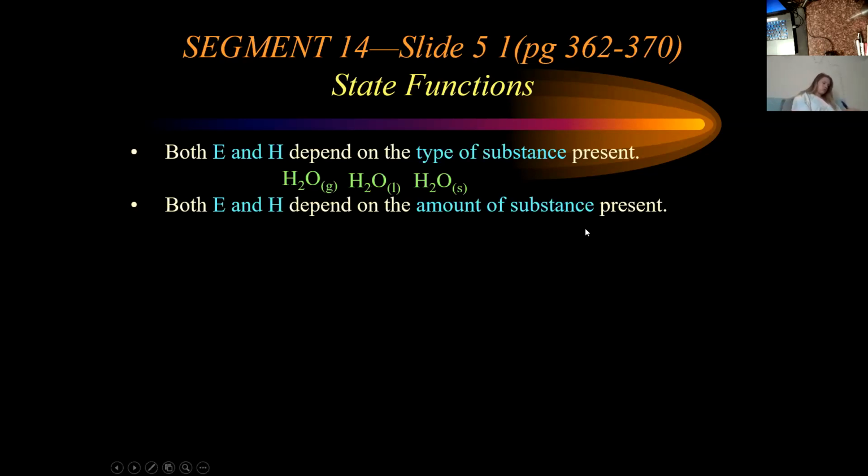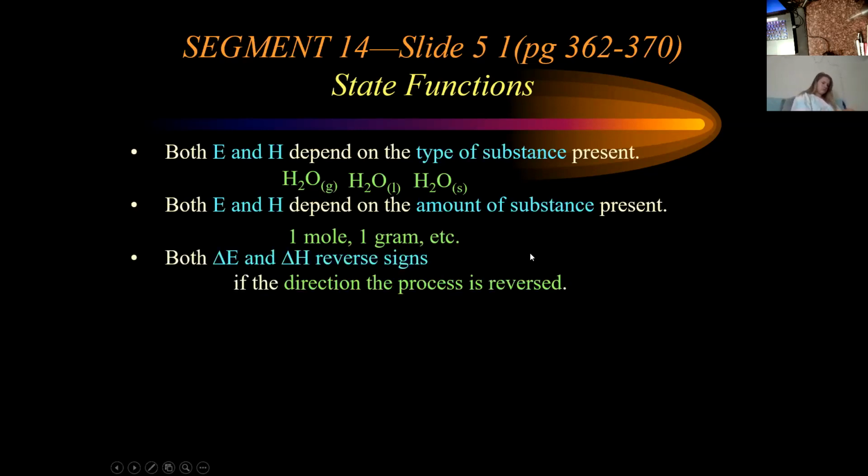They depend on the amount of substance. And what do we call that? Those are extensive. It's an extensive variable. If you got a mole or a gram, you get a different number. Now, you learn from Hess's law also that if you turn a reaction around, you change what you've defined as the reactants and products.